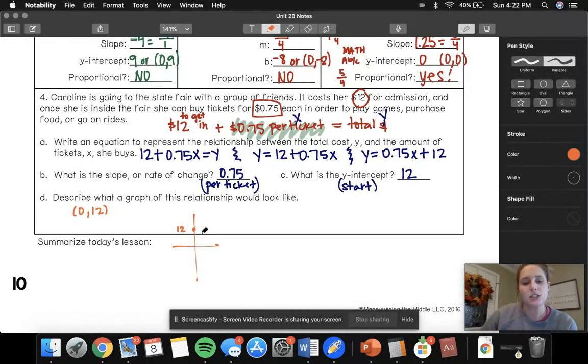Then every additional ticket that she buys, it's going to be 75 cents. So it looks like it's going to have to go up 75 cents for every one ticket that she purchases. So it looks like it's going to go up and over. So a very rough sketch, nothing even that fancy, would be it going up, just showing that the cost is going to increase per ticket.